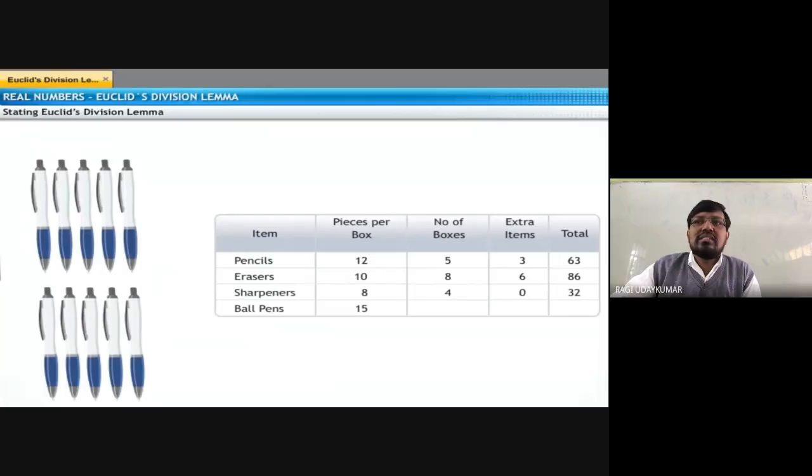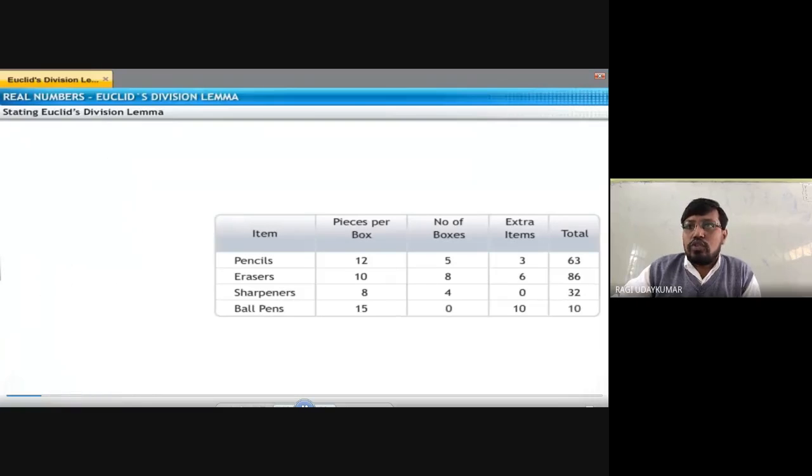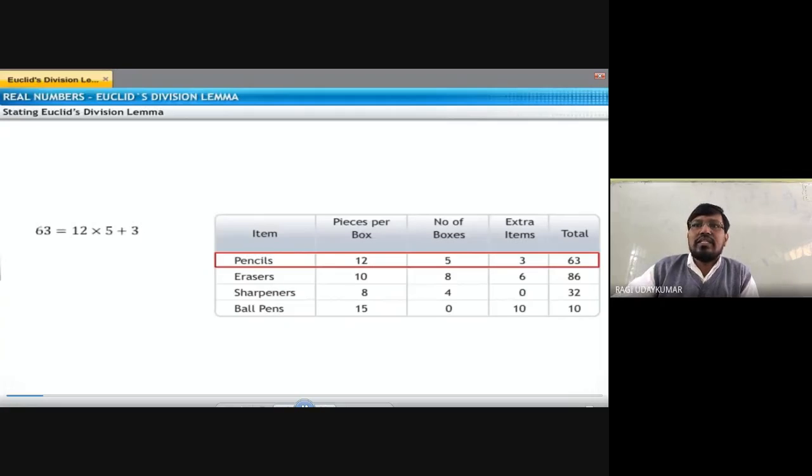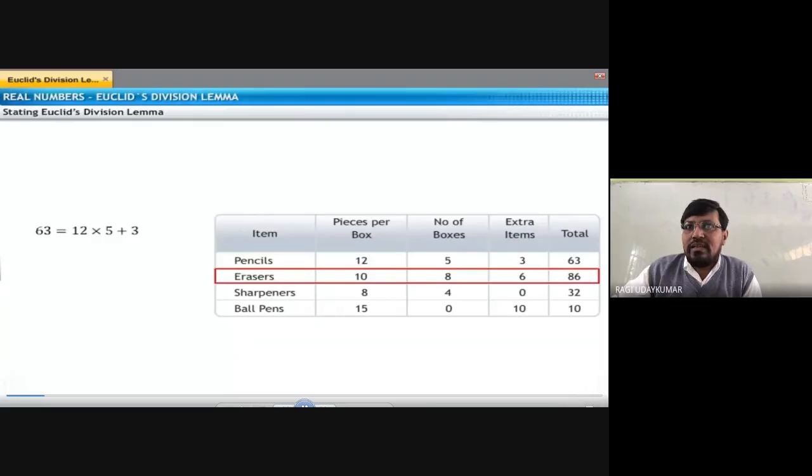Like that, ball pens are also given here. The ball pens are 15 per box, and the number of boxes is 0. Boxes are not there, only 10 extra loose pens are there. So 63 can be written as 12 into 5 plus 3, and 86 can be written as 10 into 8 plus 6.